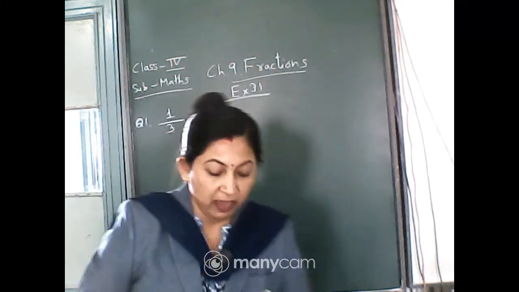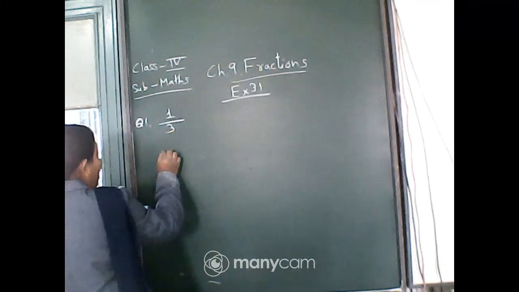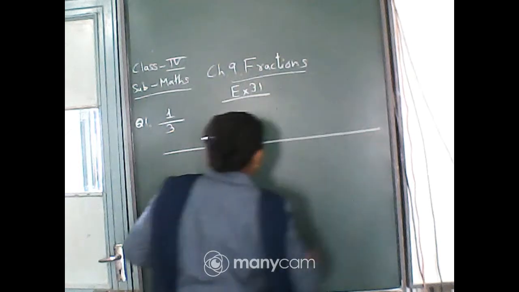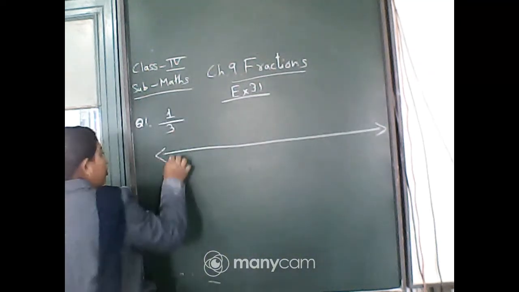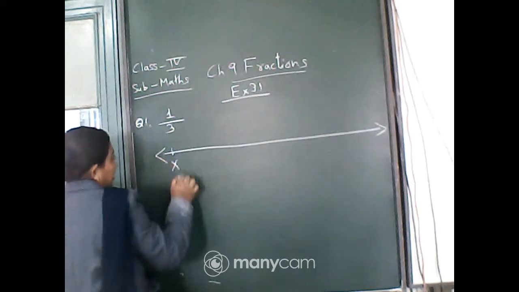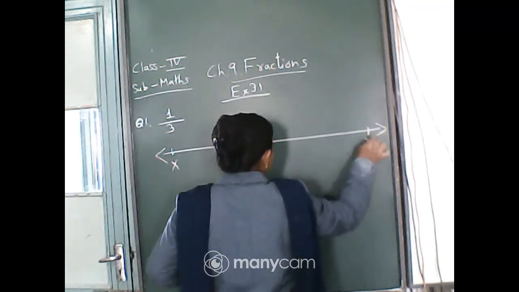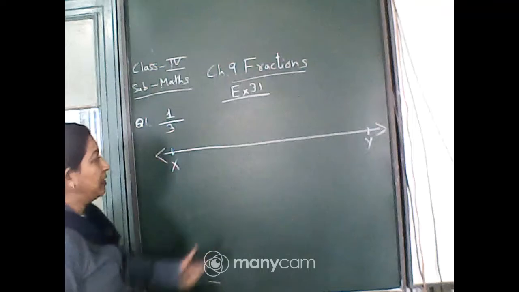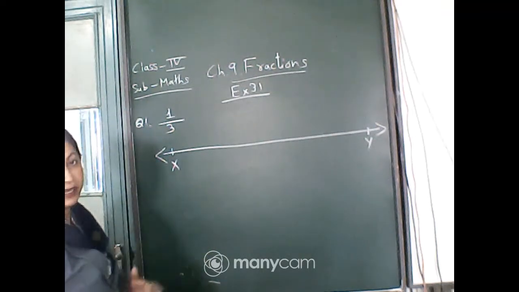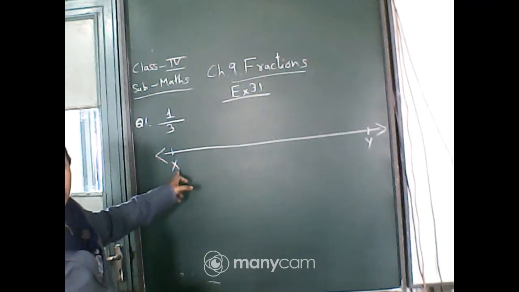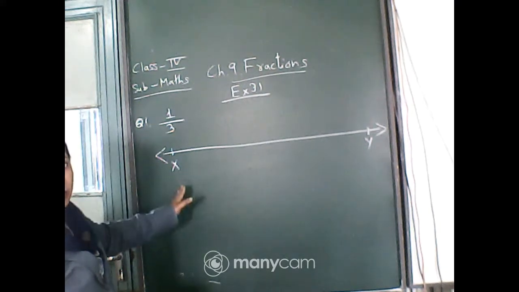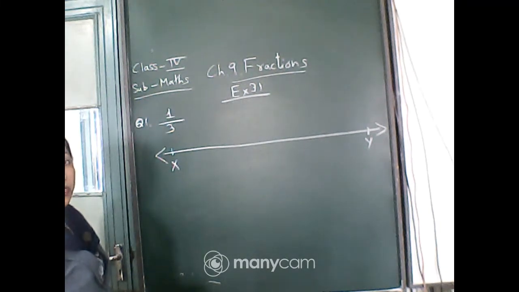What will you do? First of all, you will draw one line, and you will write X and Y, any 2 points on this line. Suppose I am drawing the line XY, I have to write the name of the line, isn't it? Now you have to pick up one unit.